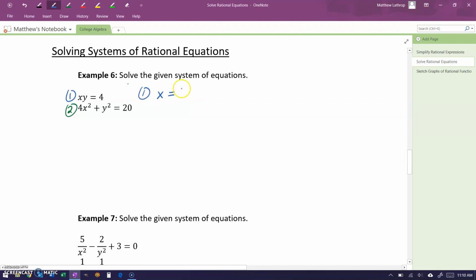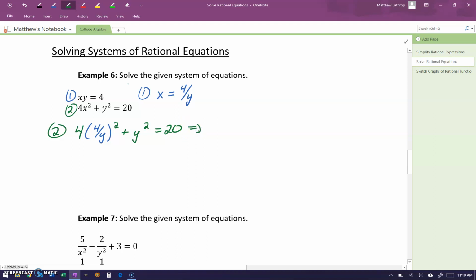We can solve equation 1 for x to get x is equal to 4 over y, which now introduces a rational expression into our problem. Substituting that into equation 2 will give us 4 times that expression 4 over y, squared, plus y squared is equal to 20.